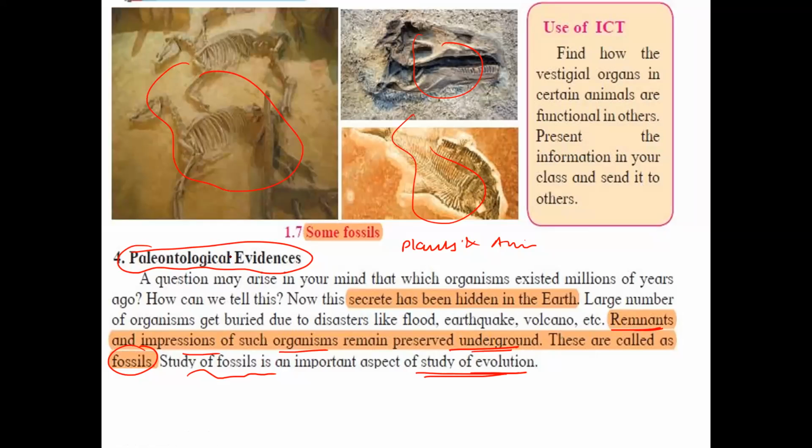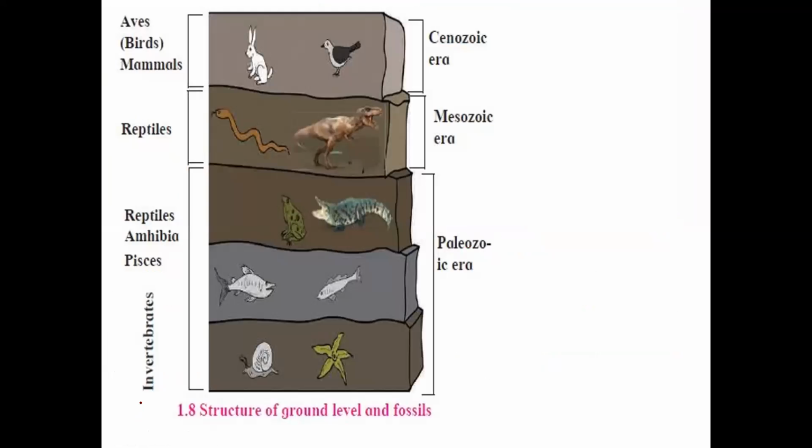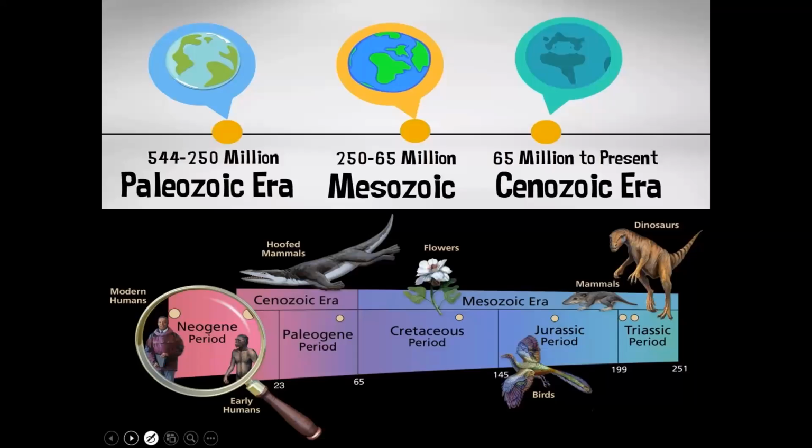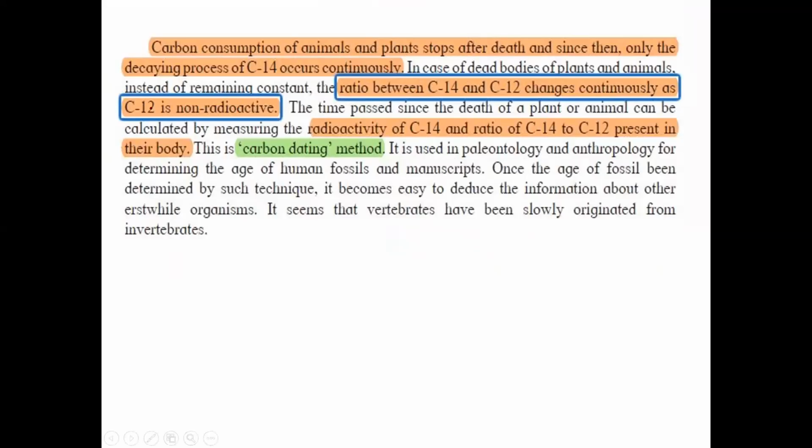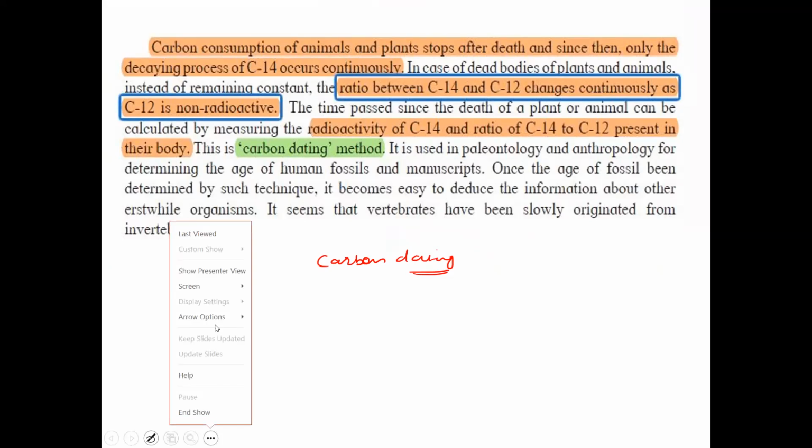So now ये स्टडी करने के लिए आपके लिए एक अच्छे से एक मेथड डेवलप्ड है. दैट मेथड इज कार्बन डेटिंग मेथड. What is that method? Carbon dating method. So if I say carbon dating method, it is a very easy method. I will try to explain in very easy language. Just try to understand what is going to happen in the carbon dating method. Okay.